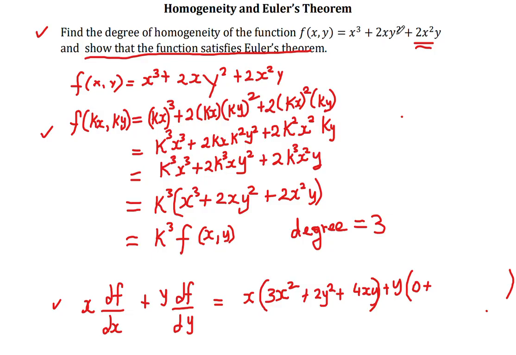The 2 will come down to the front and multiply by 2, so we get 4. Because we're treating x as a constant, it will remain part of the product result. So we get 4xy. Plus, in the derivative of 2x squared y, we're treating 2x squared as a constant coefficient of y. So the derivative of 2x squared y with respect to y would just be the constant coefficient of y, which is 2x squared.